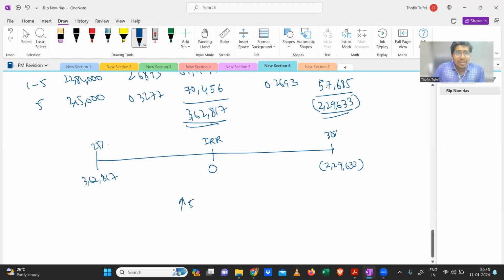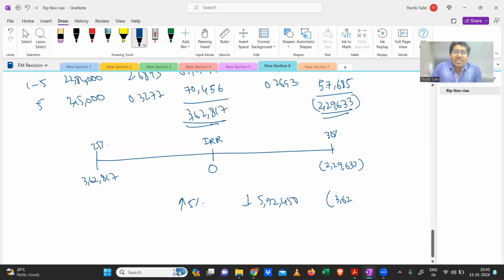For increasing the discount rate by 5%, how much has my NPV reduced? My NPV has reduced from 3,62,817 to negative 2,29,633. So it has reduced by 3,62,817 plus 2,29,633, which is 5,92,450.